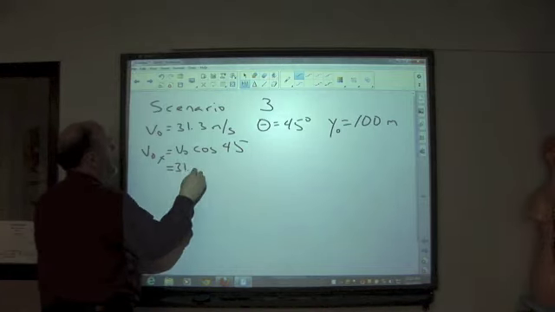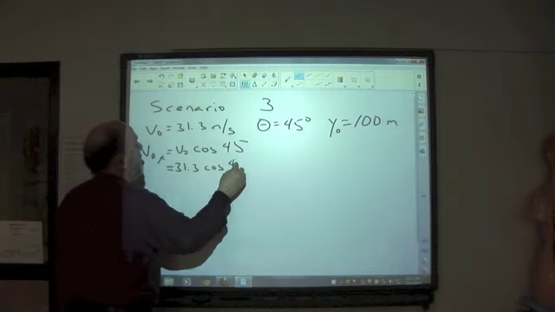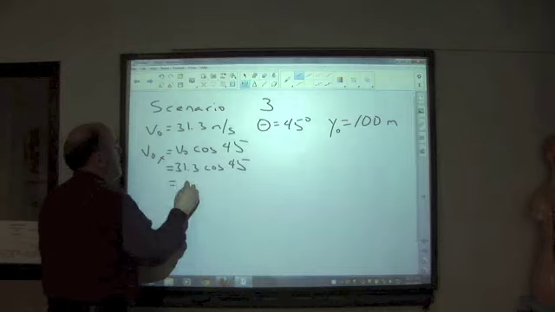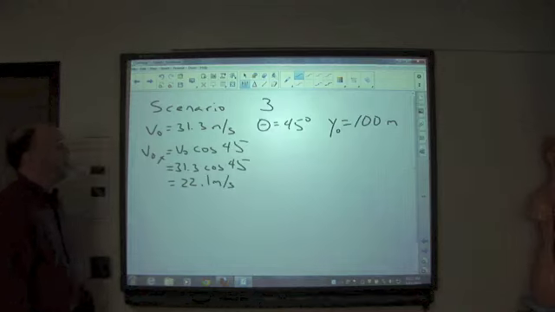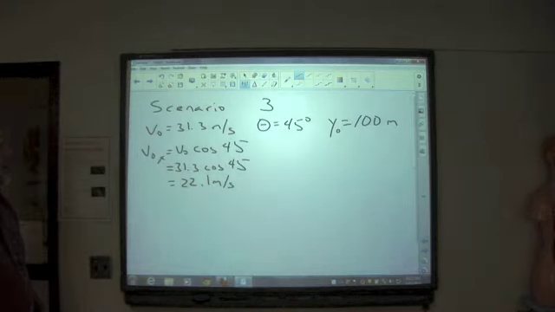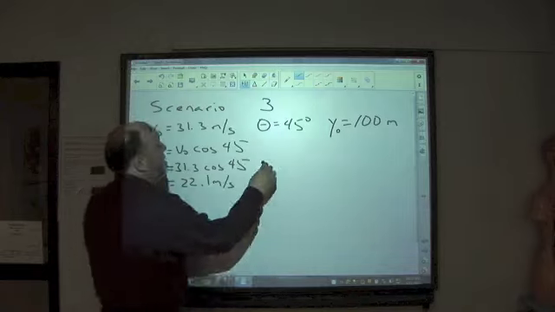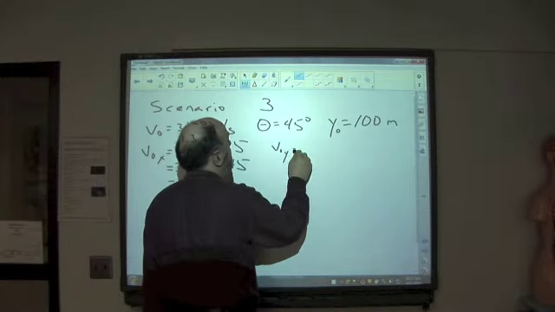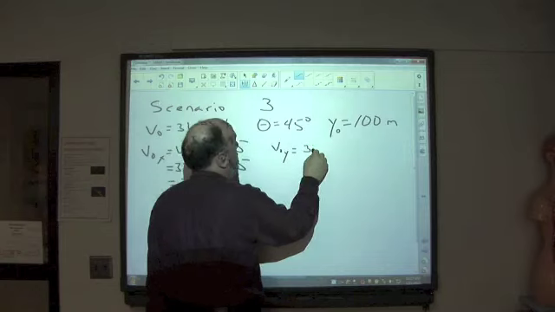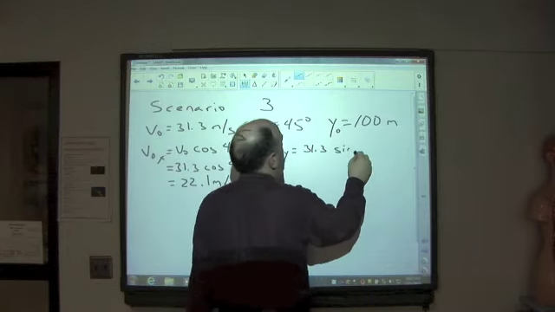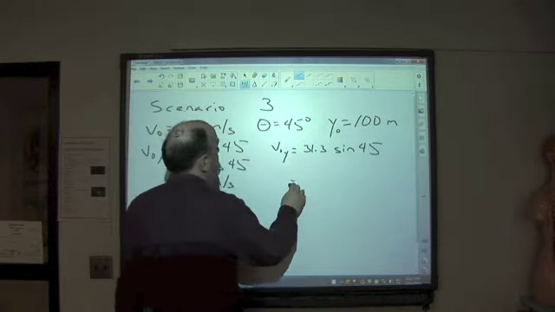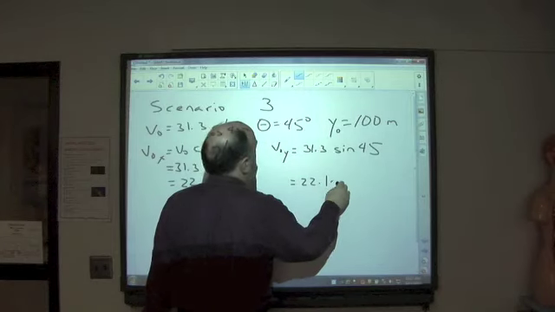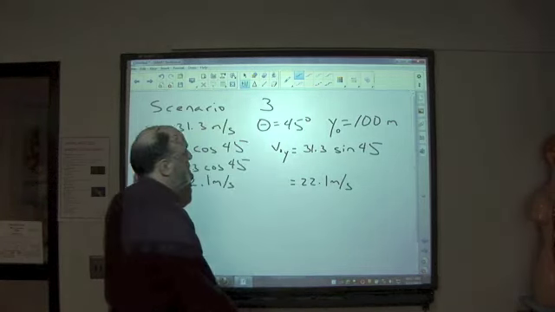And we had that number earlier. And we said that that number was 22.1 meters per second. We also need to find the y component of our velocity. And again, we did that earlier. And so this will be 31.3 sine of 45. And that also will be 22.1 meters per second.